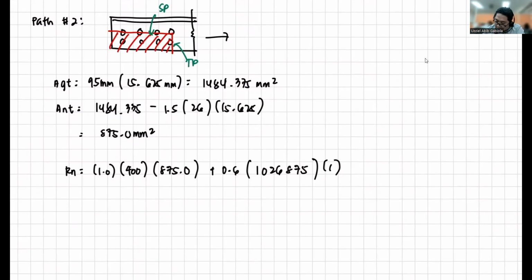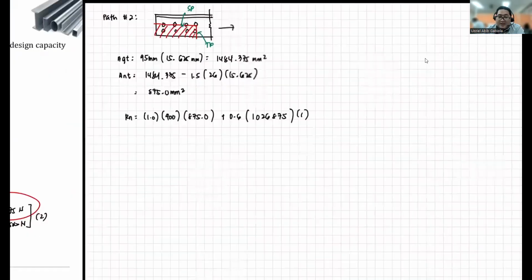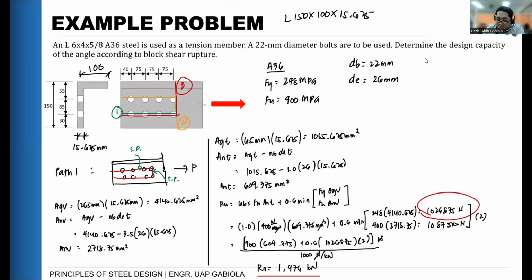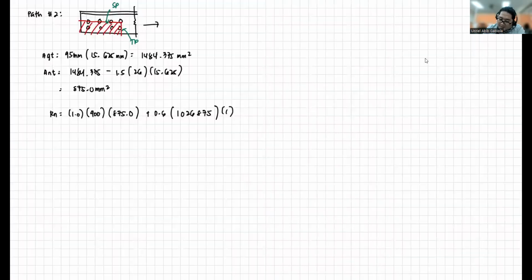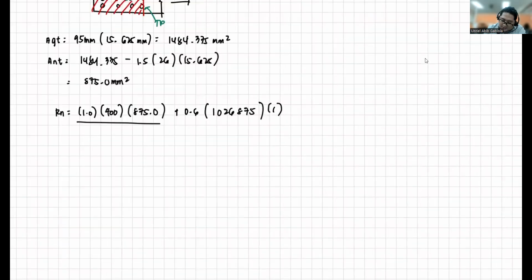Double check, 1,026,875, that is the same. And since this is in Newton, we divide by 1,000 again, so the capacity Rn is equal to 400 times 875 plus 0.6 times 1,026,875 divided by 1,000, that is 966.135 kilonewtons. Okay, so this is the capacity for our path 2.